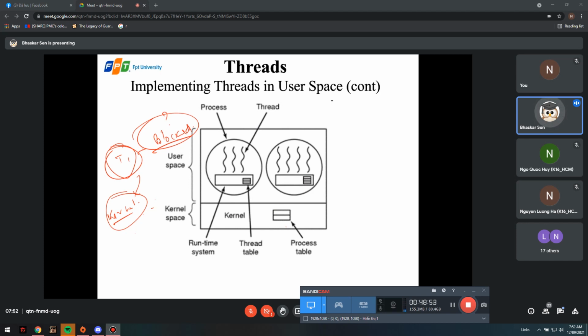It knows that a particular process is requesting some kind of blocking activity. It's asking the kernel to block something in the CPU.